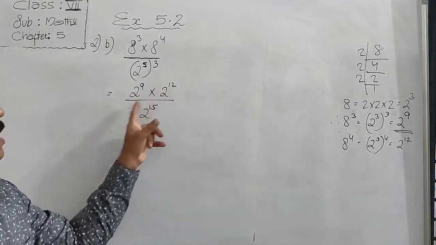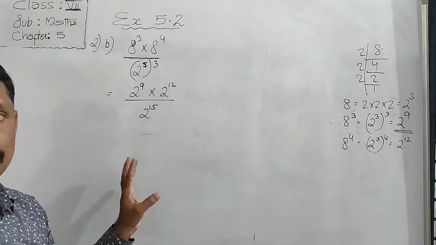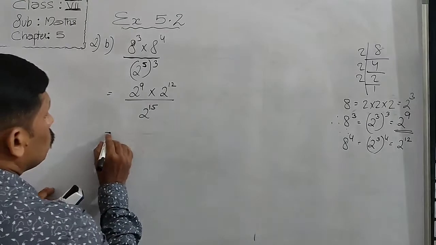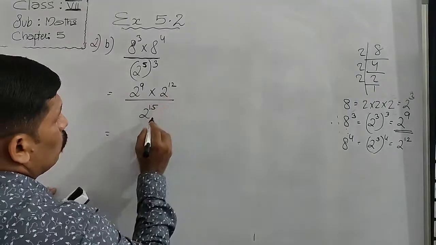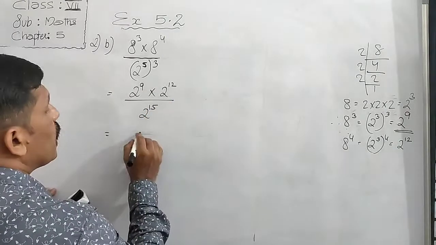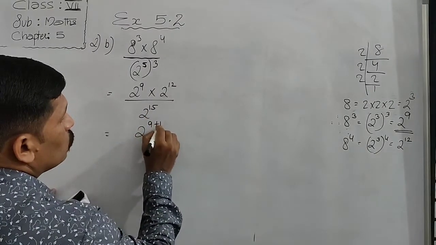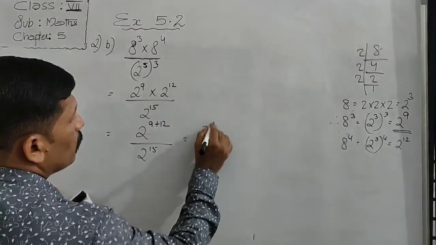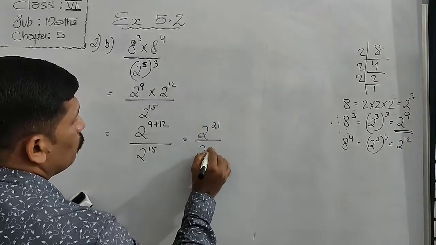Now you can see students, all bases are same, so we can use the laws of exponents very easily. 2 power 9 and 2 power 12 we multiply. When multiplication, we add the powers: 2 power 9 plus 12 upon 2 power 15, that is equal to 2 power 21 upon 2 power 15.